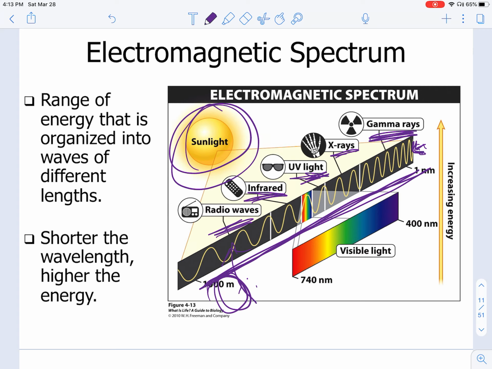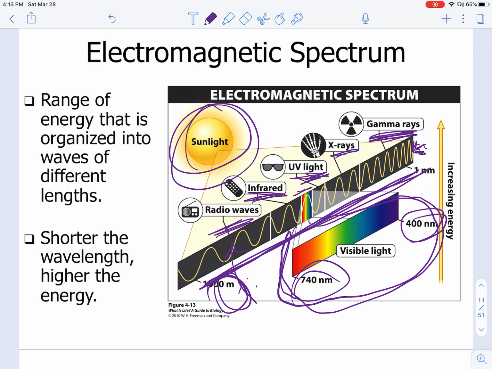Now, we see our whole visual spectrum is in one narrow band of the energy that's bombarding us from the sun. We call that the visible light spectrum. Everything that we see is within that one little band of energy, and that goes from 740 nanometers on the high end to 400 nanometers on the low end.